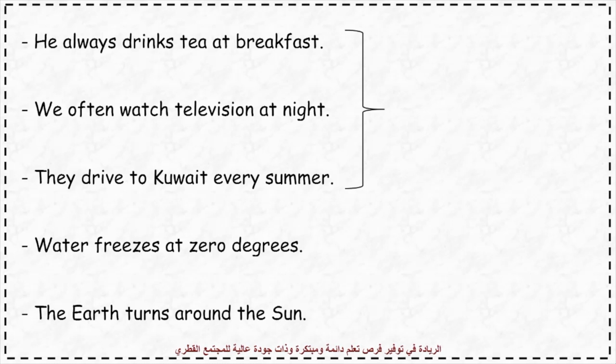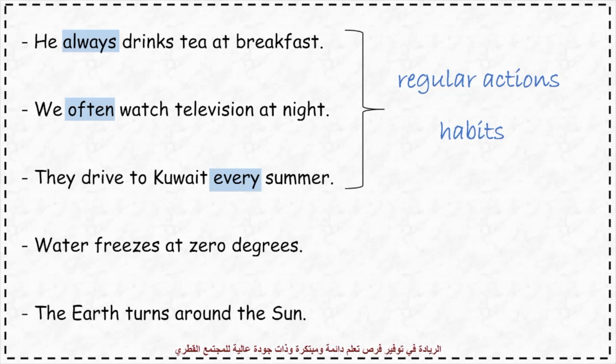Well, by looking at the meaning of each sentence here, you will find out all these 3 examples are talking about regular actions or habits. Am I right? And we use the adverbs of frequency here, like always, often, and every, to show how frequently we do the action.